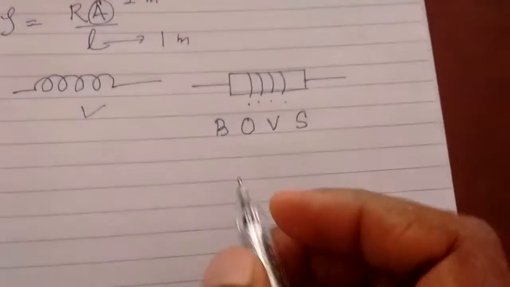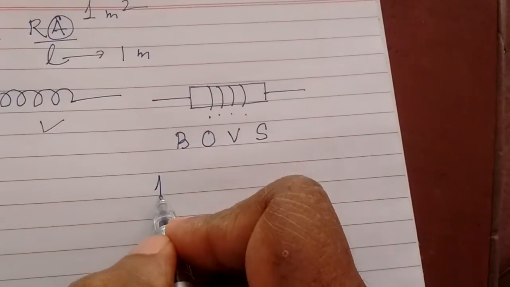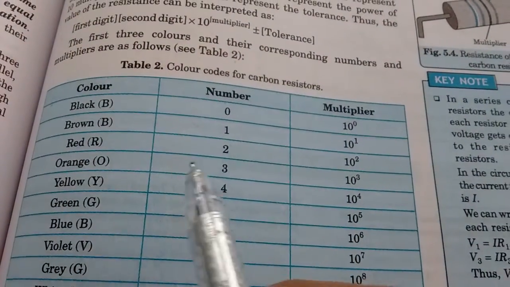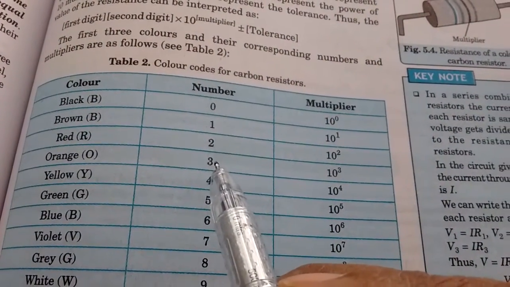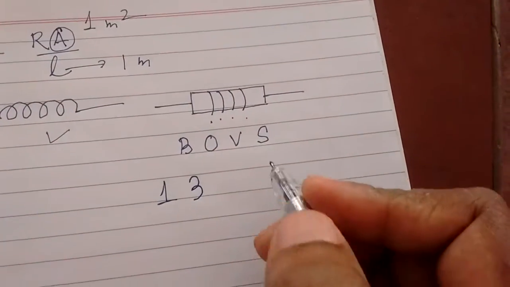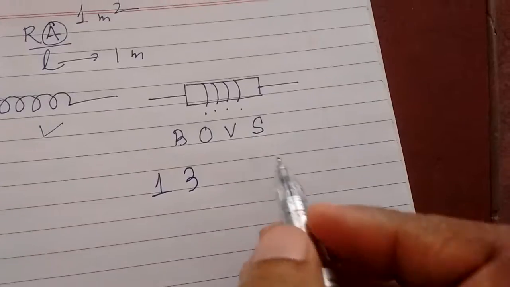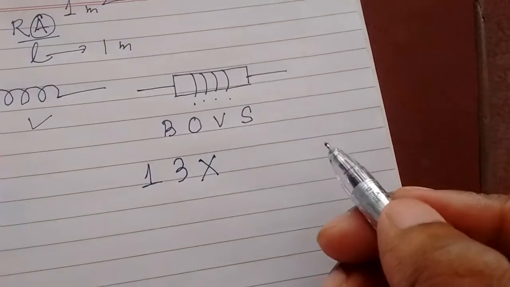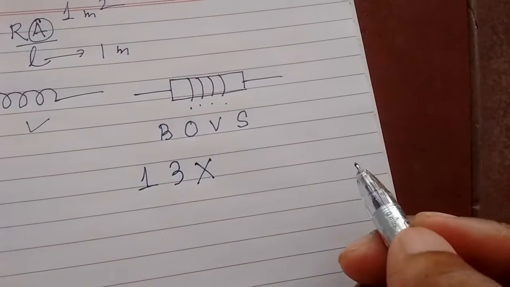So I will write 1. Next color is orange. Corresponding number for orange is 3. So I will write here 3. Then I will put a multiplication sign.